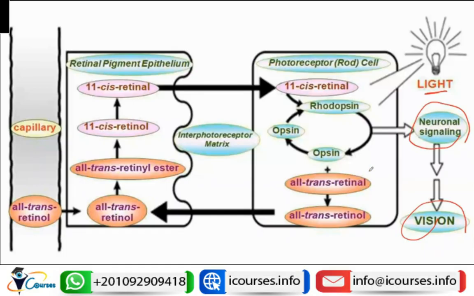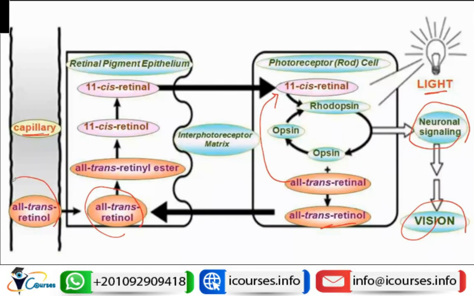This occurs either by the all-trans retinal transforming into 11-cis retinal immediately through the isomerase enzyme, or by another pathway in which it is transferred into the retinal pigment epithelium. The all-trans retinal will be transformed into all-trans retinol. This all-trans retinol comes from either the pigment epithelium, the outer segment disc, or the capillary.